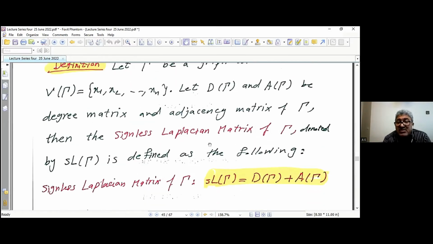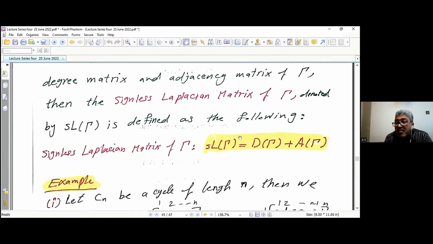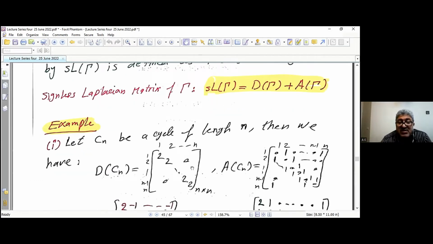So the signless Laplacian matrix is the sum of the degree matrix and the adjacency matrix. In other words, if we replace minus 1 in the Laplacian matrix by 1, we get the signless Laplacian matrix.